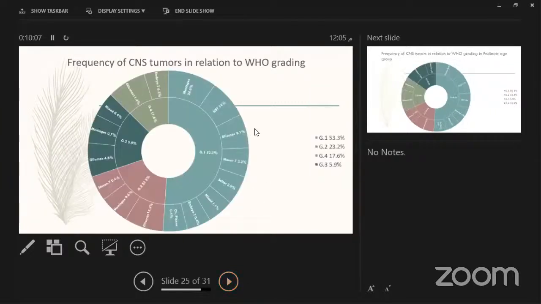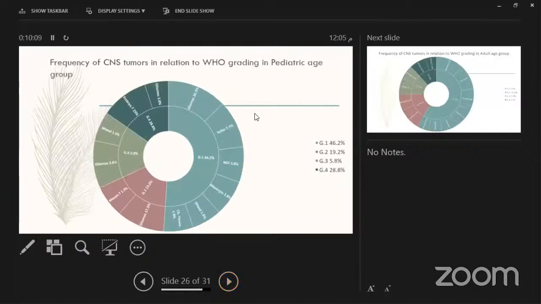Here is the WHO grading. As we said, CNS tumors are graded from grade 1 to grade 4. In the pediatric group, we found grade 1 equals 46%, followed by grade 2, 28%, then grade 2, 12%, grade 3, 5%.